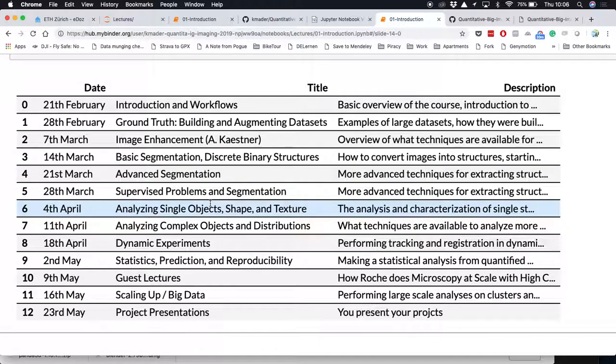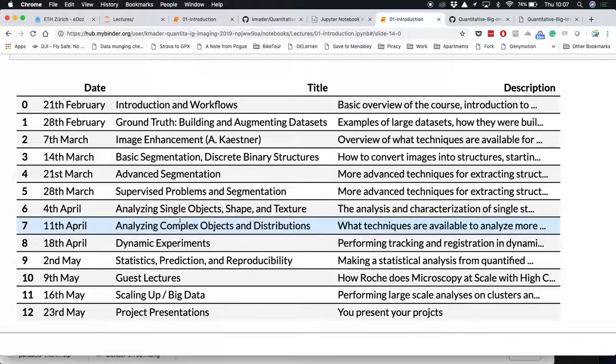Then from there, there's a gear switch to analysis tasks. Once you've come up with the segmentation, what are you interested in in your image? The cells in the background, or tumors inside of lungs, or any number of other things you might be looking at? How can you quantify what you actually see? How do you take a cell and make meaningful measurements of it, quantifying shape, texture, and patterns?